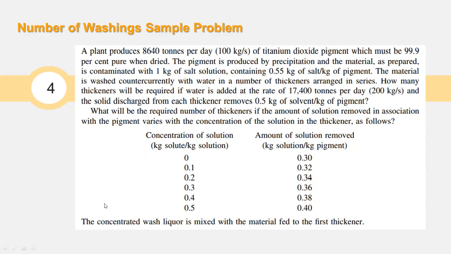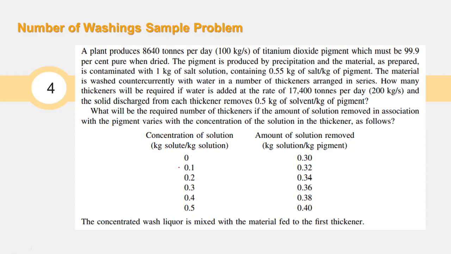We can say later on, when we write our given in the Jamboard, that this one refers to the amount that we have in the overflow: the concentration of the solution, which is kilogram solute per kilogram of solution. The same concentration of the solution in your overflow is the same concentration of the solution in the underflow for streams leaving the same thickener.